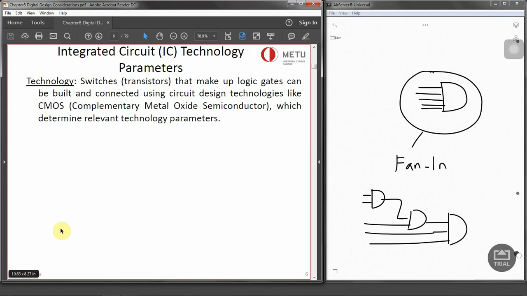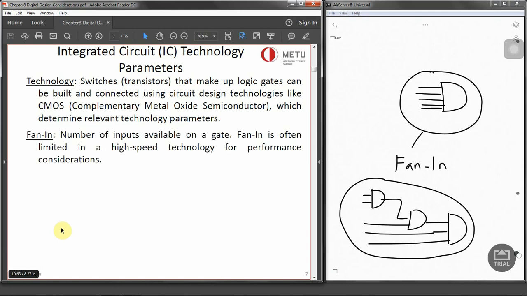This increases the number of stages in the logic design, but it helps with the speed of the technology. If you're not worried about the area of the circuitry, we can be careful with the fan-in and design multi-stage circuitry like this.